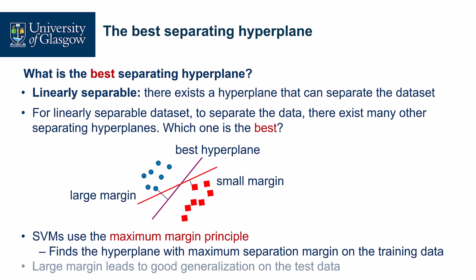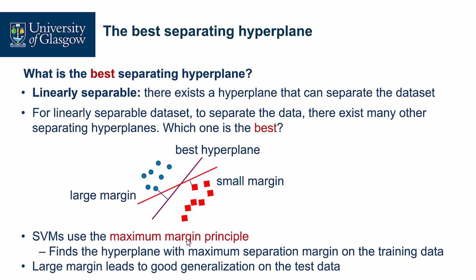So this is the best hyperplane because it has the largest margin, and that is the principle SVM uses. In SVM training, we hope to find the hyperplane with the maximum separation margin on the training data. In this way, it has better generalization ability. What is generalization? We introduced it in the last session: for new data, it also works well.